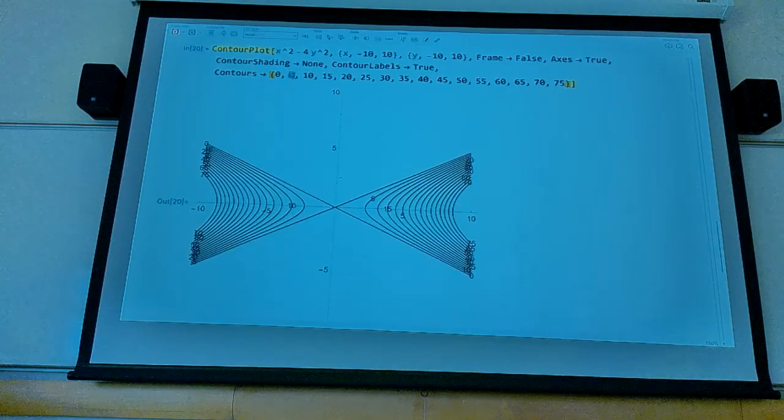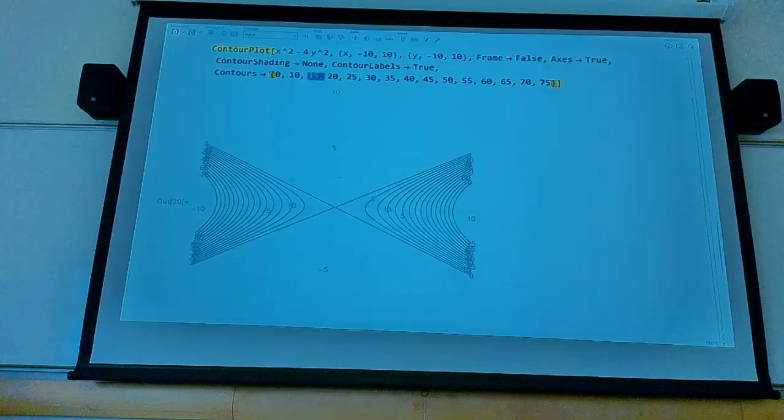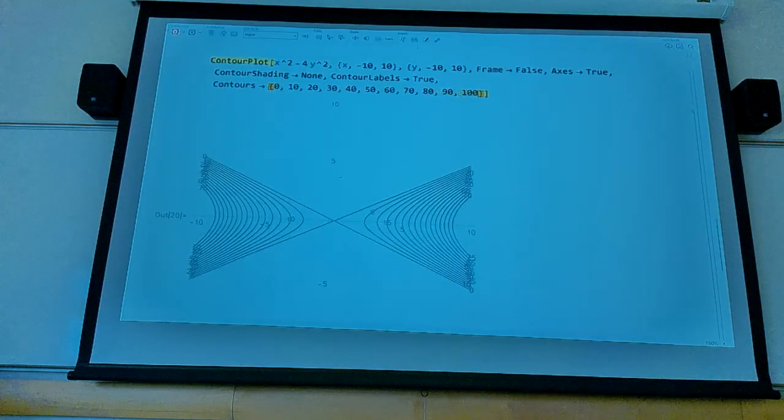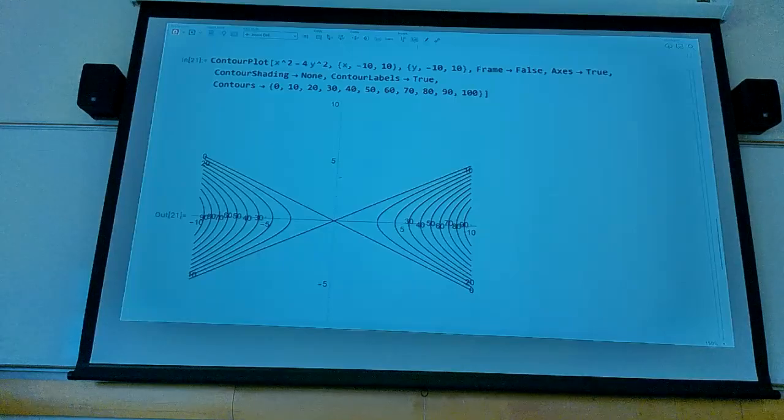I think I'm just going to do by tens this time, though. Let's see. Oh, I want the negatives.